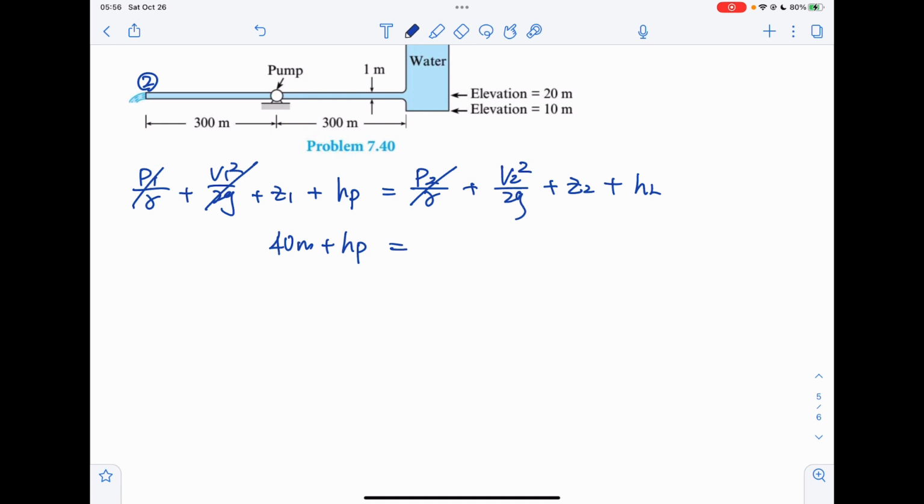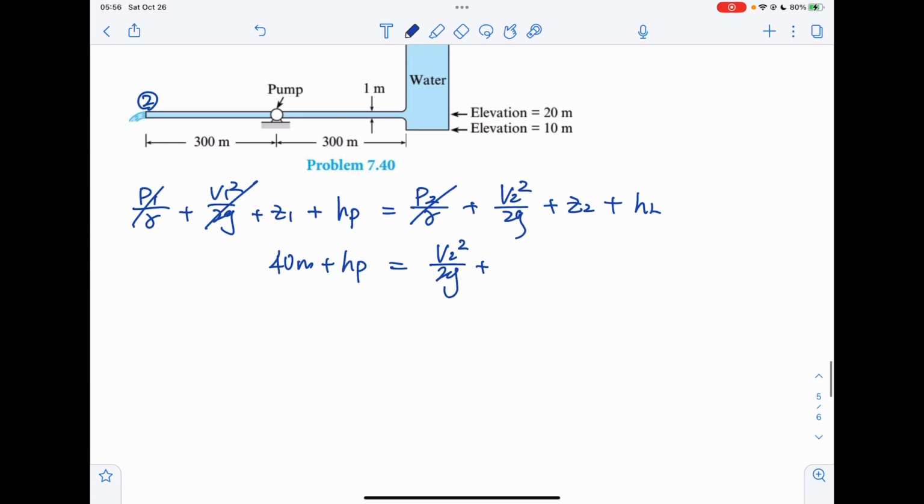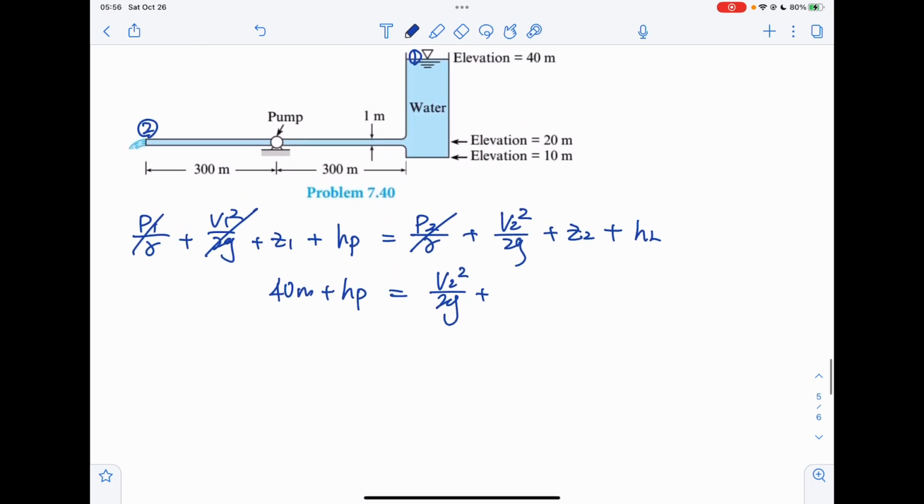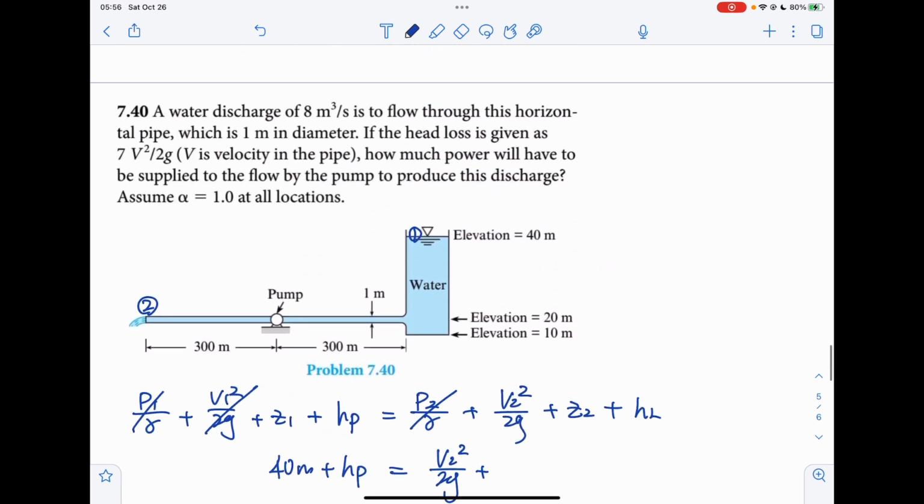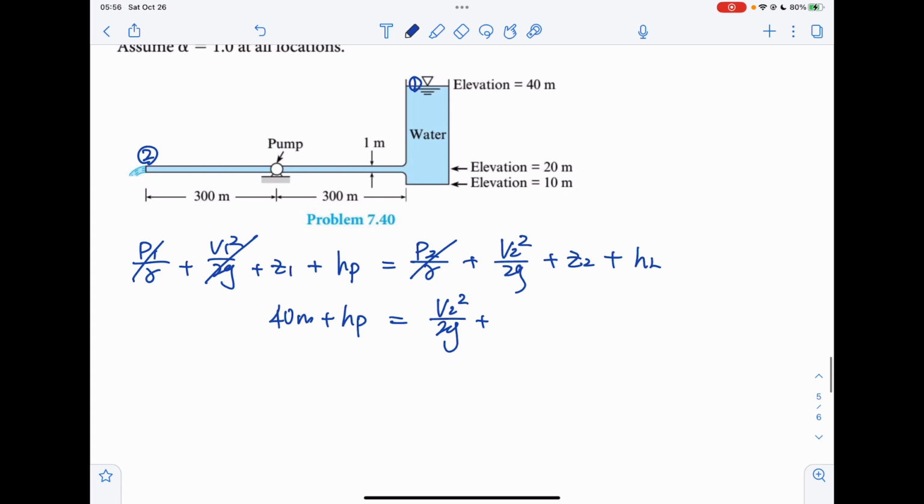V2 we don't know, plus Z2, which is 20 meters. Head loss is 7 times V2 squared over 2g.